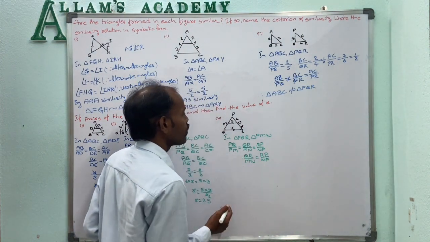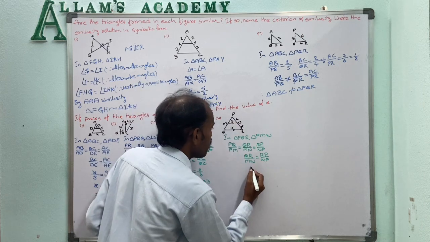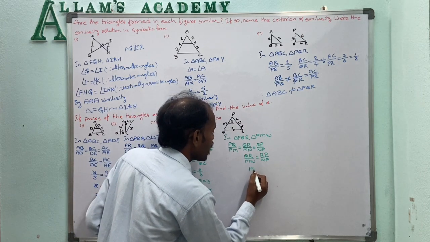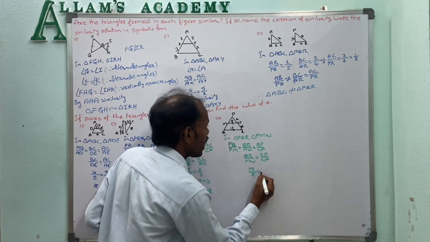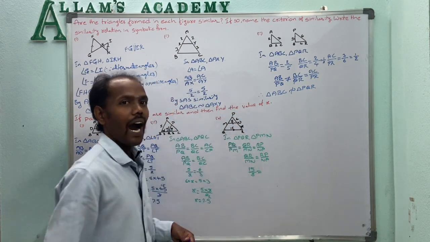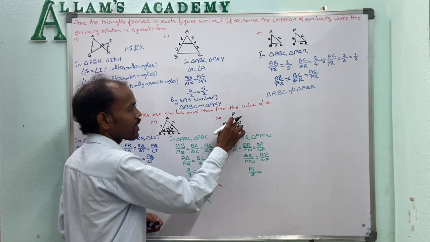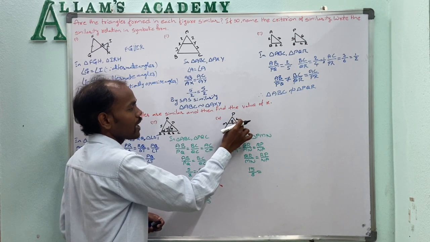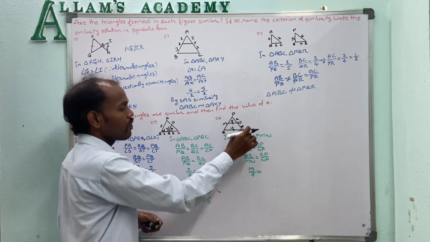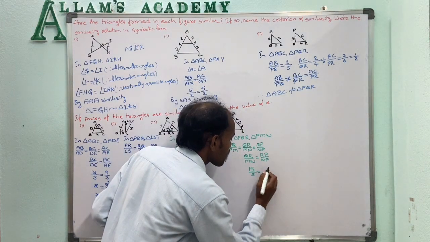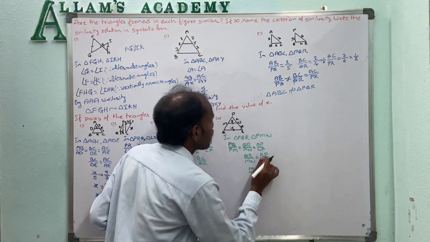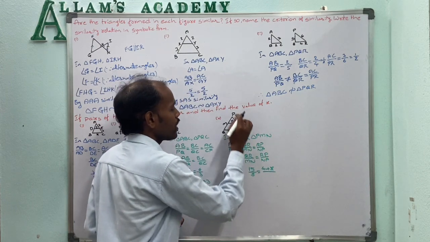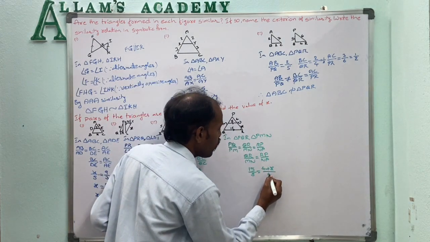So QR is 15 given and MN is 5 given, and RP means the sum of PN and NR, that is 4 plus x. So 4 plus x by NP, and NP is 4.